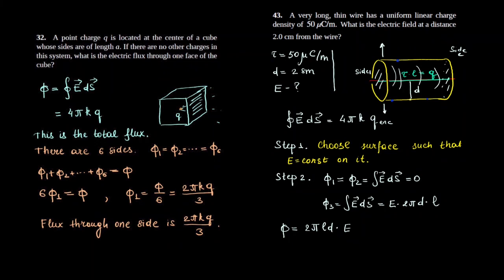And according to the Gauss law, it is equal to 4 pi k q. And q is equal to tau L. Look at this. I can put here tau L. Both sides there are L, they will cancel.